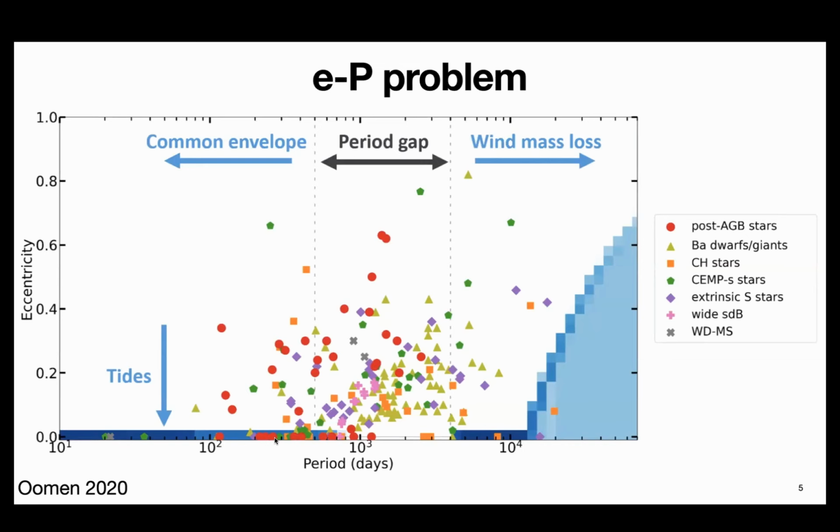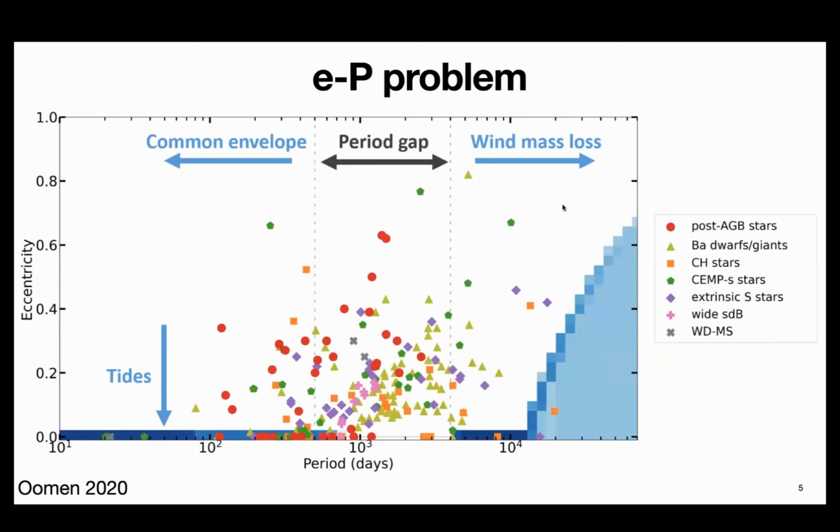Just touching a bit on this bimodal orbital period distribution, if the binary is initially wide enough, then they won't really interact, meaning that the giant star will just lose its envelope via wind mass loss, and that will widen the orbit.